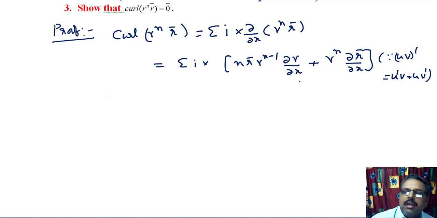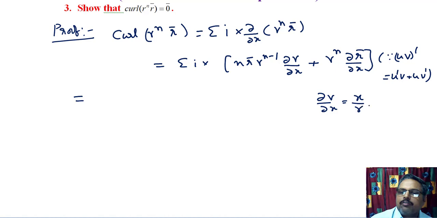Now, here, what are the known quantities? Dou r by dou x equals x by r, and dou r bar by dou x equals i.